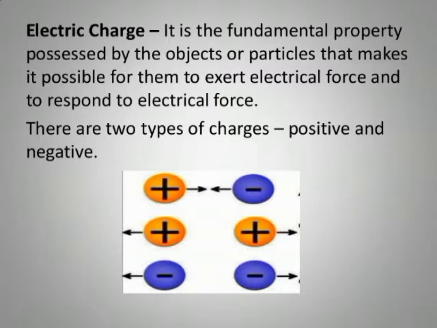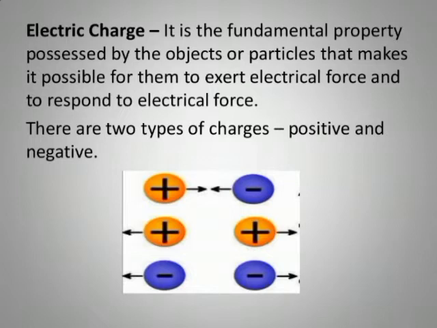If I consider myself, I have certain characteristics. In the same way, tiny particles in your atom, the electron, proton and neutron, the electron is a particle which has a charge on it. So it is a fundamental property possessed by the particle.